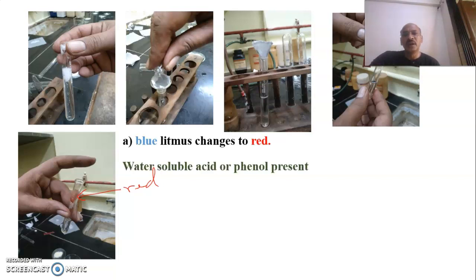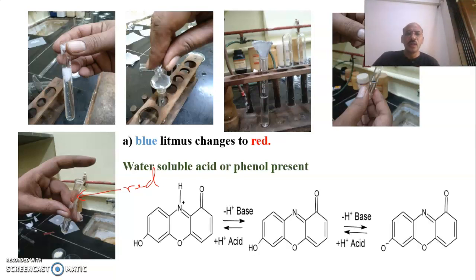So that indicates the compound dissolved in water is either acid or phenol, as it changes blue litmus paper to red. So our observation will be blue litmus paper changes to red. So water soluble acid or phenol is present. Furthermore, this reaction is given again.